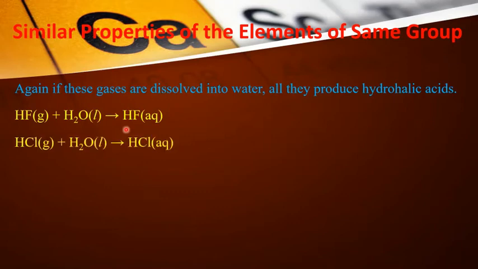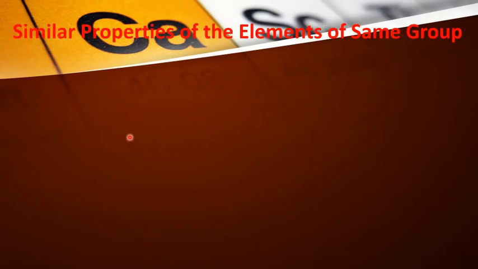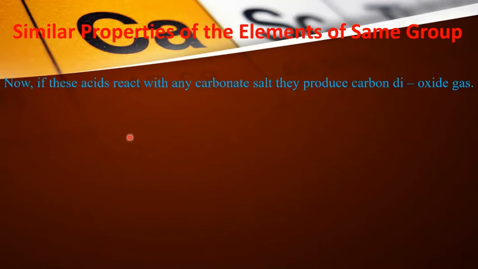In the same way, hydrogen chloride gas produces hydrochloric acid, hydrogen bromide gas produces hydrobromic acid, and hydrogen iodide gas produces hydroiodic acid. They all produce acid with water. And all these acids react with any carbonate or bicarbonate compound and produce carbon dioxide gas.